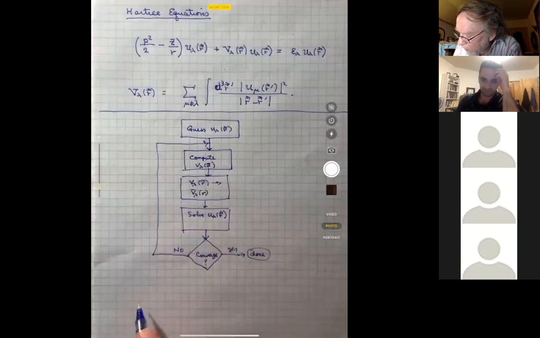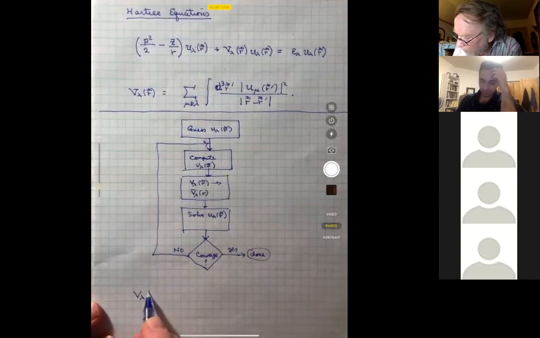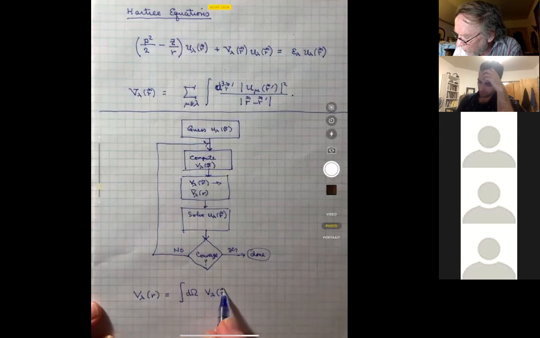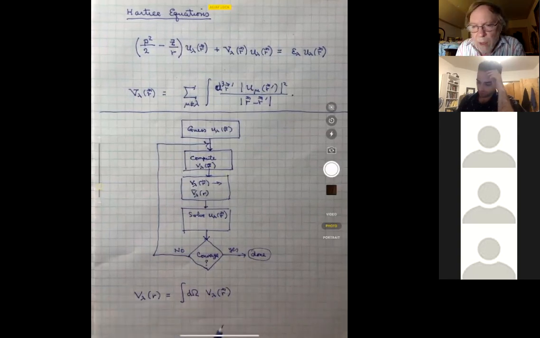And I'll define this down here. V lambda bar of R scalar is equal to the integral over solid angle of V lambda of R vector. In other words, it's just the angle average of the self-consistent potential computed in step number 2 of this flowchart. By integrating over all angles, we create a new potential, which is a central force potential.